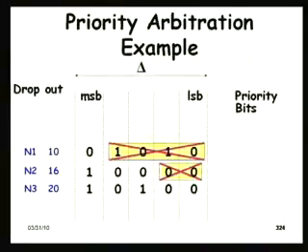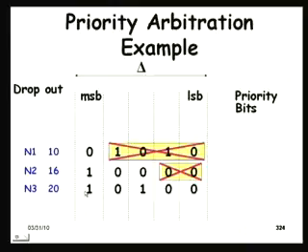So, this is an example of the priority arbitration. To start with, every node starts transmitting its priority value. N1 transmits 0, assuming that higher priority is indicated by higher values of the priority.